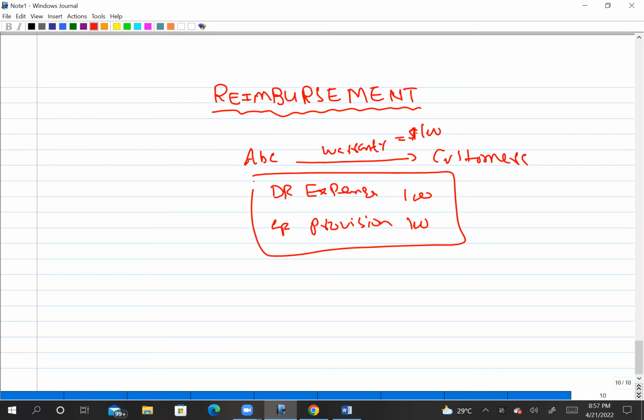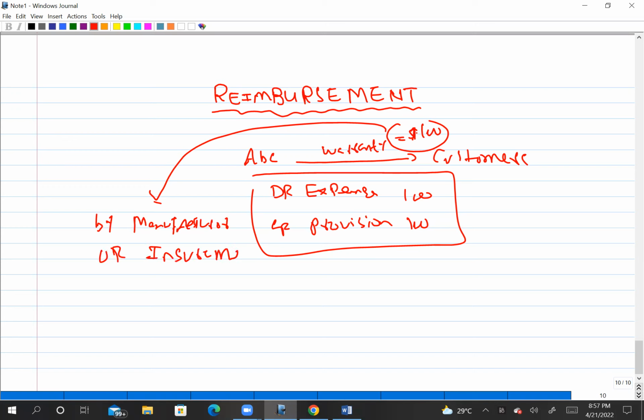Now, there is a possibility that this expense may be reimbursed to ABC company by the manufacturer or maybe by the insurance company. If the expense of the provision is going to be given back by a third party to the company, that is known as reimbursement.